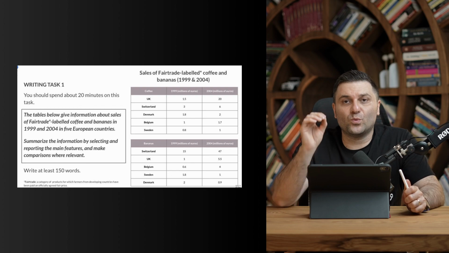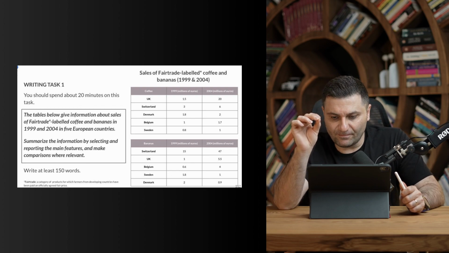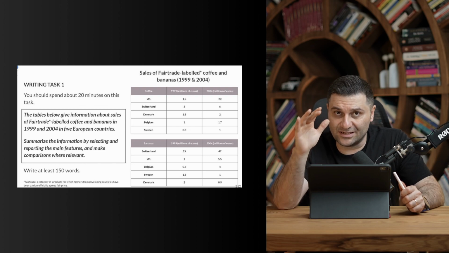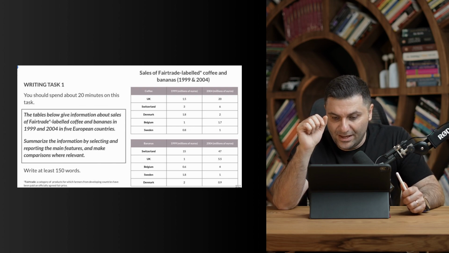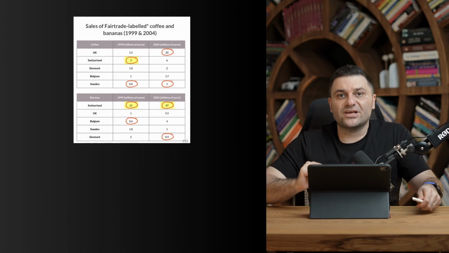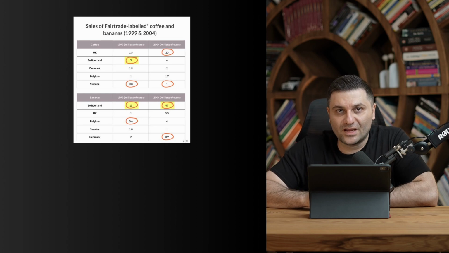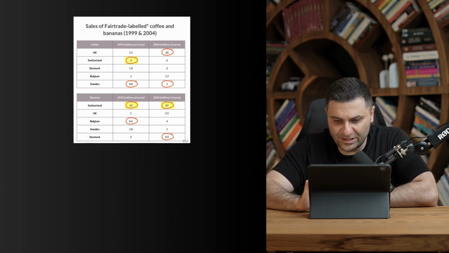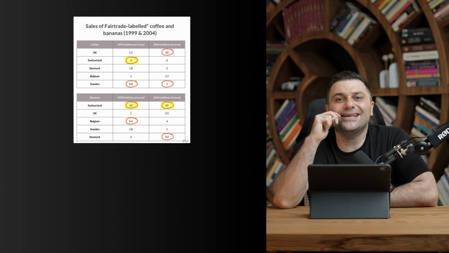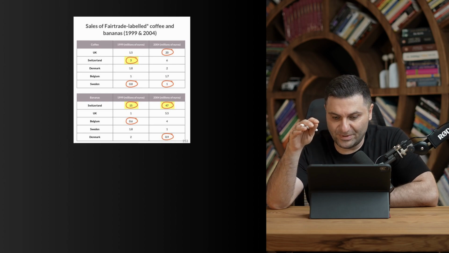First of all, we should highlight in 1999 the lowest and highest point. As you can see, now we change the table and we highlight the highest and the lowest. In 1999, it's about coffee.